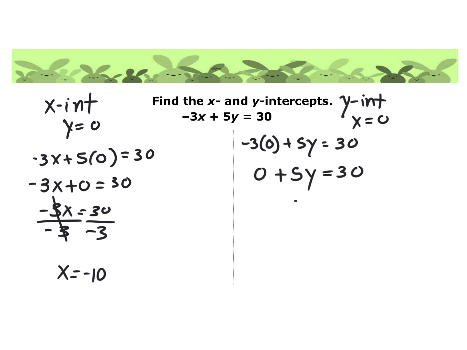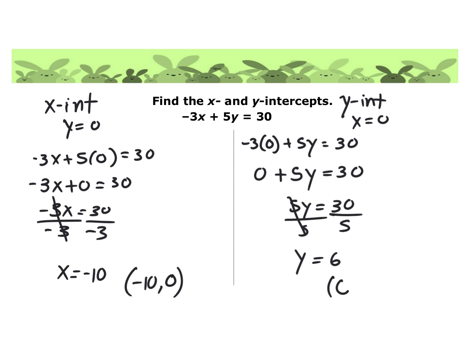I'm just going to get rid of that 0, make it a little neater to see. Divide by 5, divide by 5, and we get that y is equal to 6. So our y-intercept is 6, and our x-intercept is negative 10. I'm going to write it as a coordinate point, so you also have it as negative 10, 0, and as 0, 6.